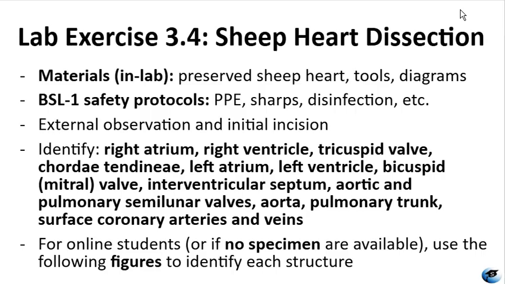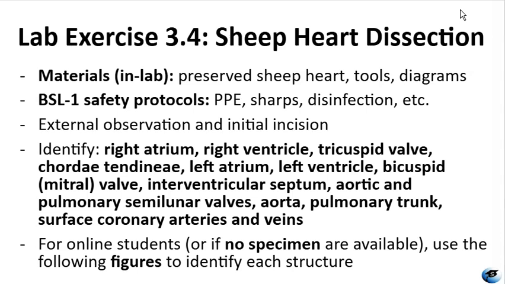Then you make your longitudinal incision to open the chambers, identify the right atrium, right ventricle, tricuspid valve, chordae tendineae, left atrium, left ventricle, bicuspid valve, interventricular septum, aortic and pulmonary semilunar valves.